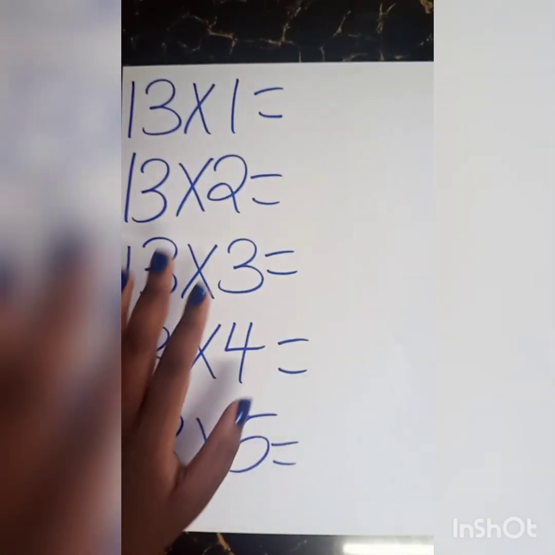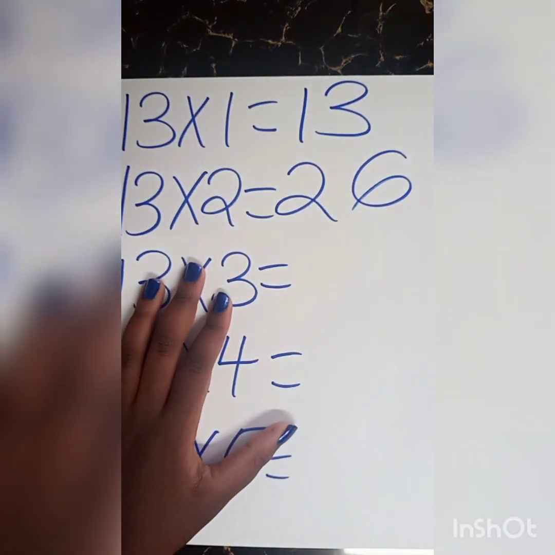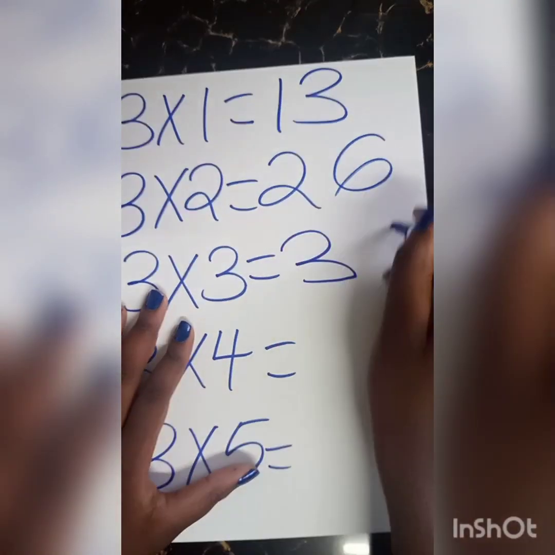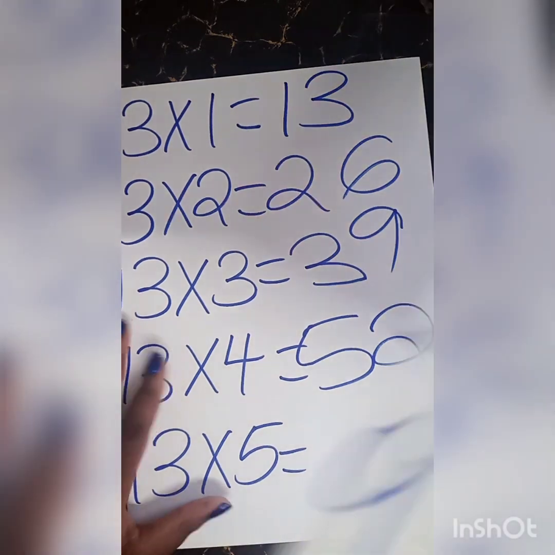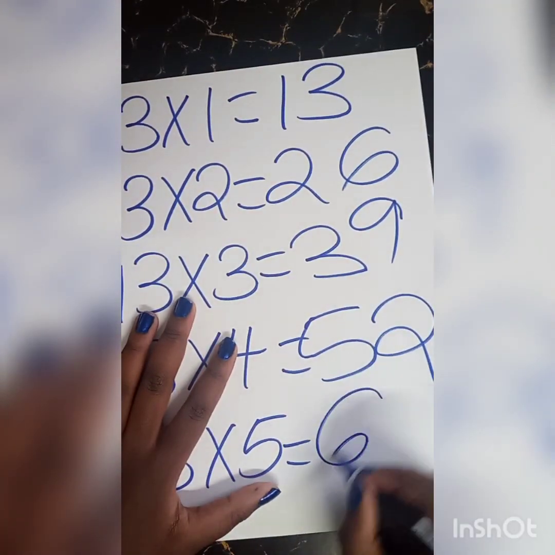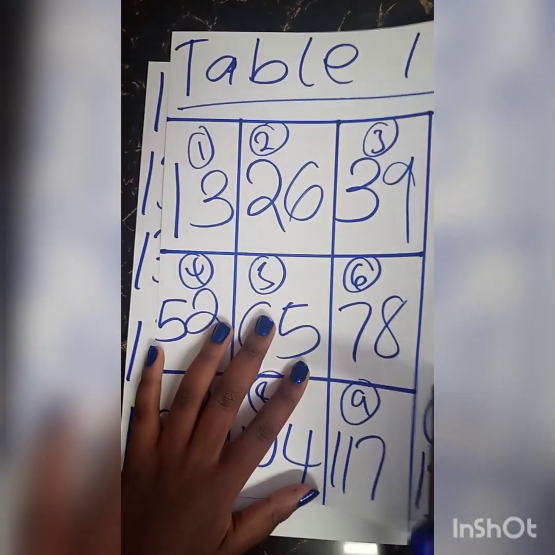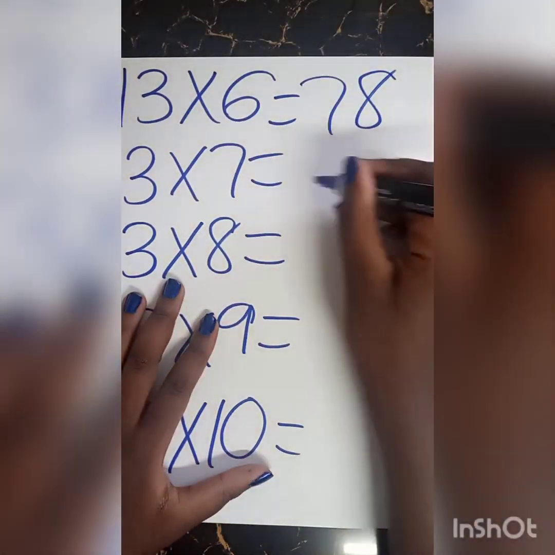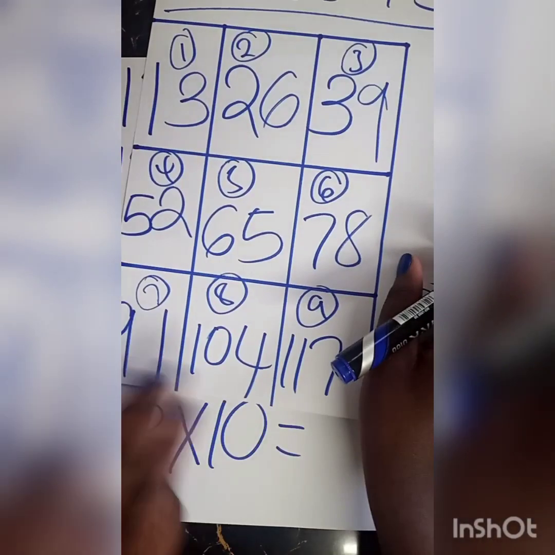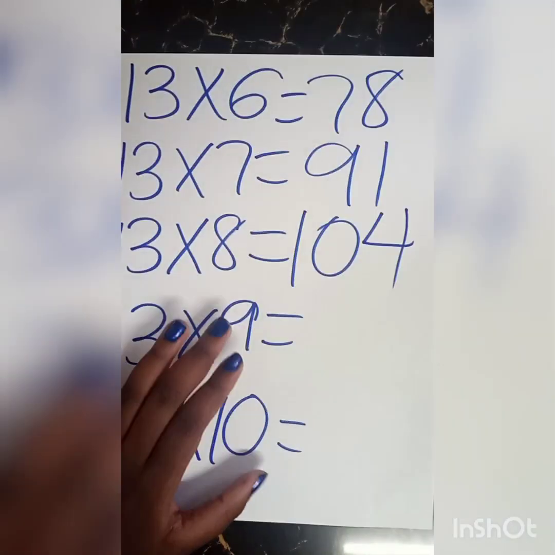So 13 times 1 is 13. 13 times 2 is 26. 13 times 3 is 39. 13 times 4 is 52. 13 times 5 is 65. 13 times 6 is 78. 13 times 7 is 91. 13 times 8 is 104. 13 times 9 is 117.